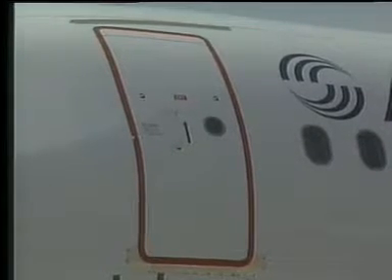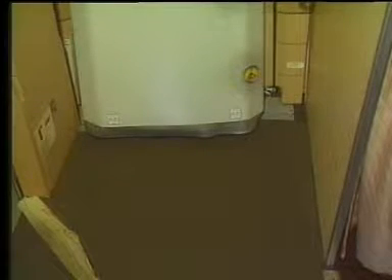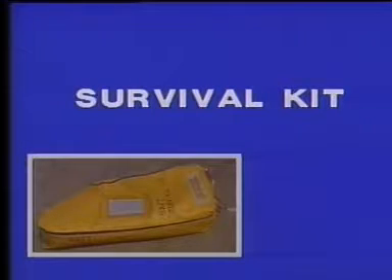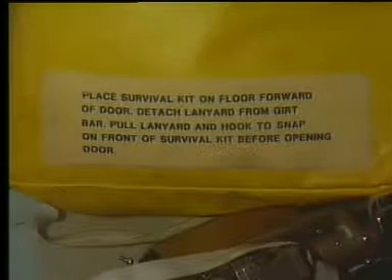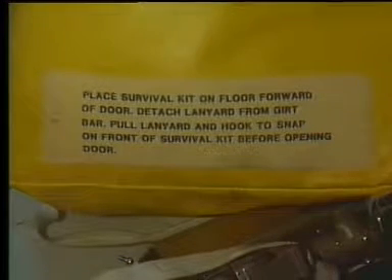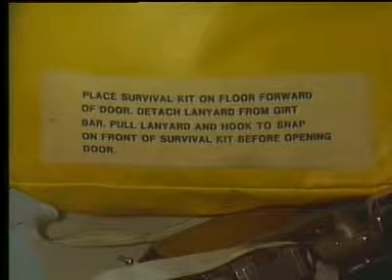In case of a ditching, prior to door opening, the survival kit must be connected to the slide raft. The survival kit is stored in the nearest overhead bin. Place the survival kit on the floor forward of the door.